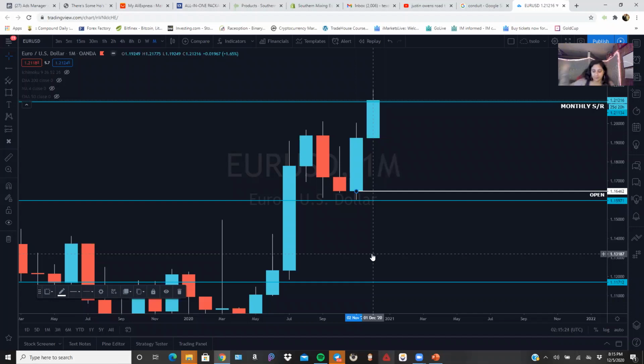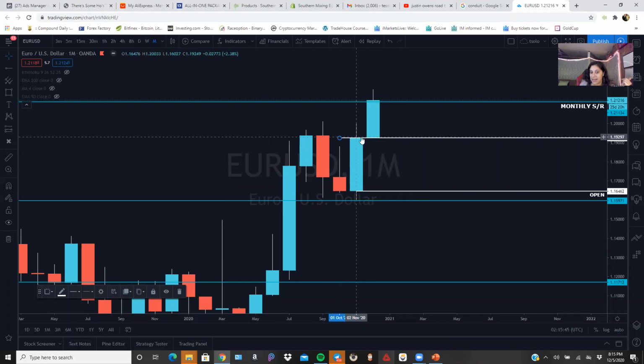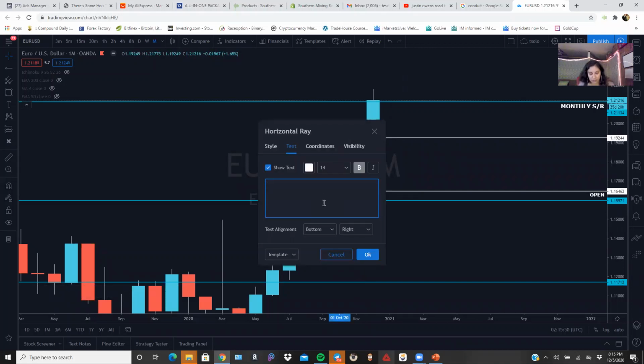All right, cool. So this is the open of your candle right here at the bottom because it is a buy candle. When a buy candle opens, it opens at the bottom and it closes above, right? It closes above. So where's our close? Our close is right here. This is where the candle closed, right here. That's the top of the body of the buy candle. So that is now your close, right?